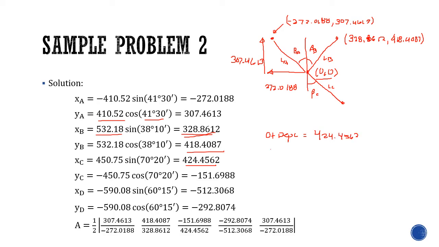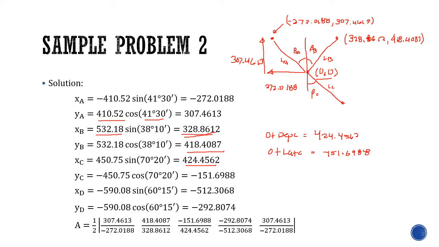Yung latitude naman, negative kasi going south. To get the y coordinate of C, that is simply 0 plus latitude of C. Hindi laging 0, depende. In this case lang, ginawa ko kasing origin yung P, kaya naging 0 yung coordinate ng P. Ito na, y of C is negative 151.6988.